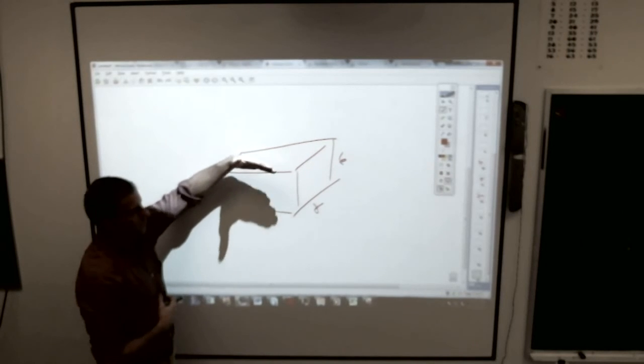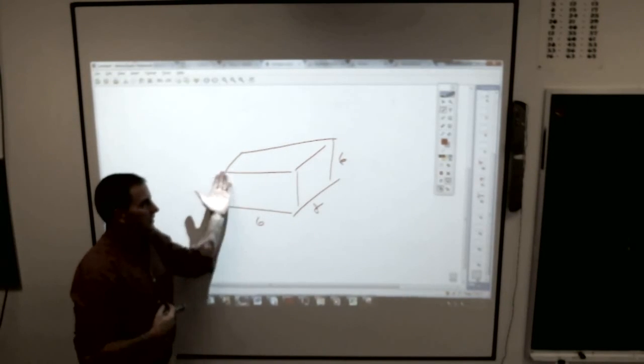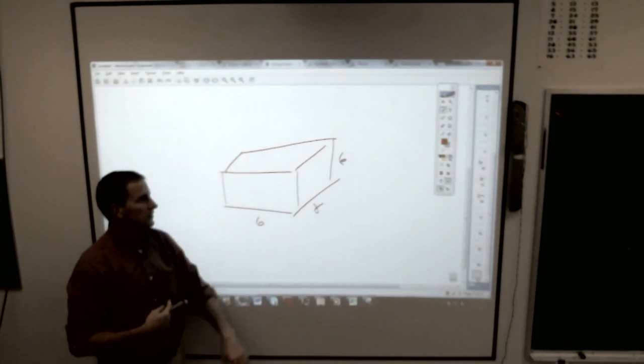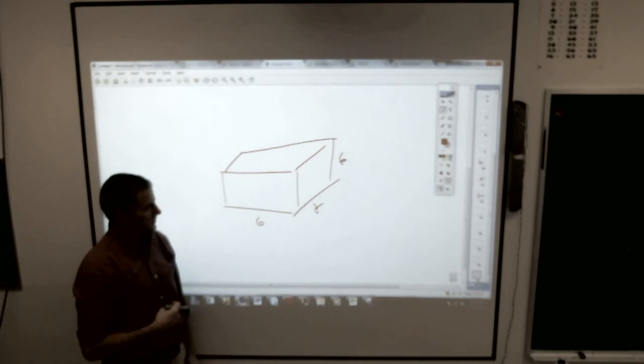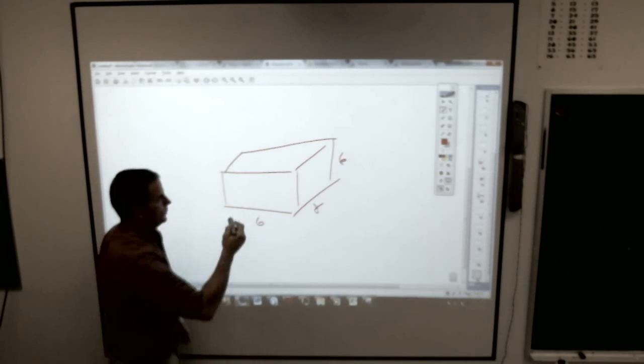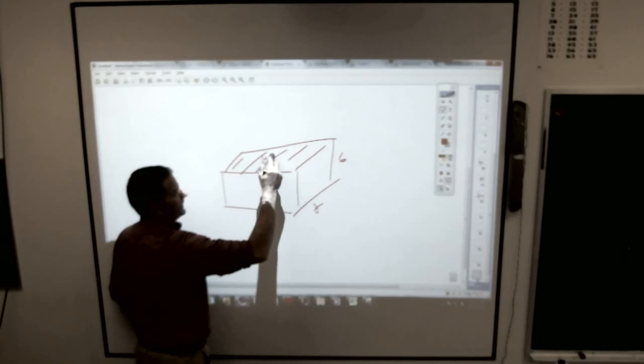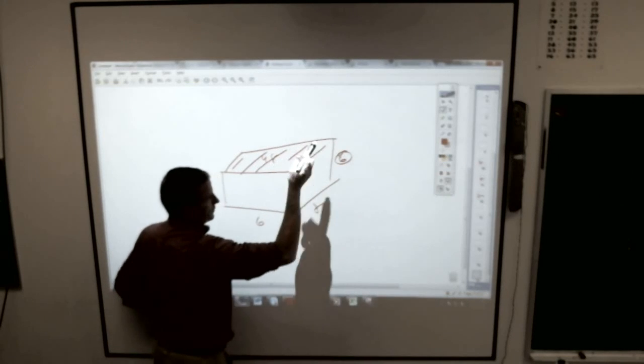Because you could cut it this way and you're always going to get these-shaped pieces. You can cut it this way, you're going to get a 6x8 piece. You cut it this way and you're always going to get a 6x8. So it doesn't matter what you multiply together here, because everything's the base. And to find the area of this base, it's 6 times 8, which is 48. You're going to multiply it by 6, so 48 times 6.